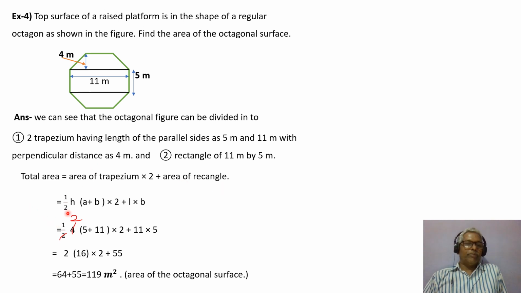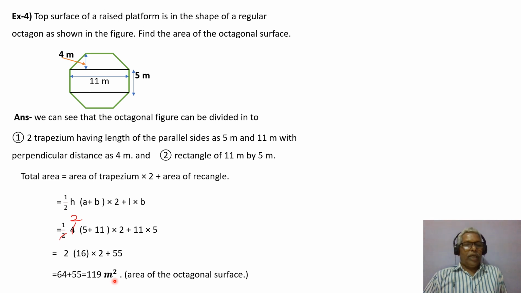Area of trapezium is given by this formula, half into h into a plus b, into 2, plus l into b. Substitute, h is 4, so half into 4, 5 plus 11, into 2, plus 11 into 5. Just substituting it. This is 16, this is 2, so 2 into 16 into 2 plus 55. So this is 16 into 4 is 64 plus 55 is 119 meters square.